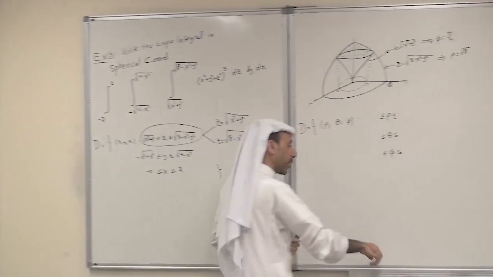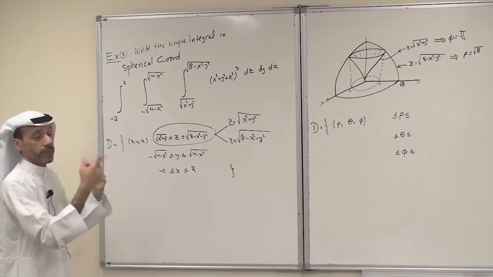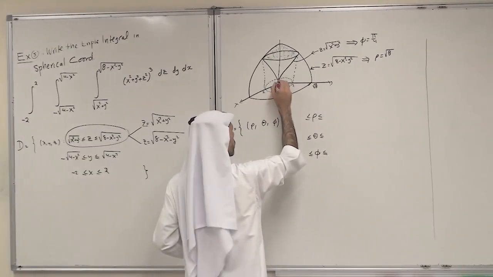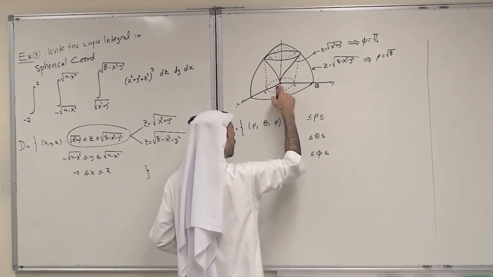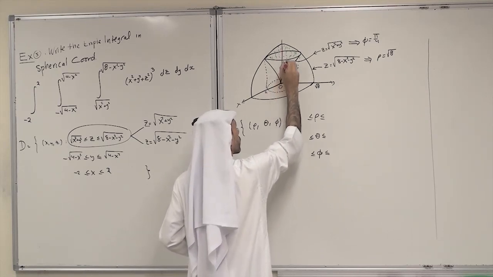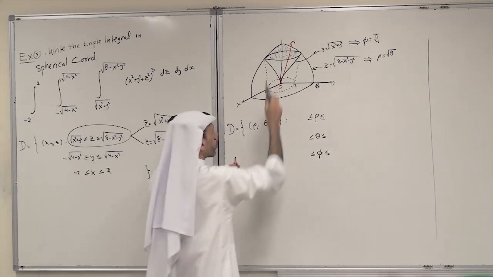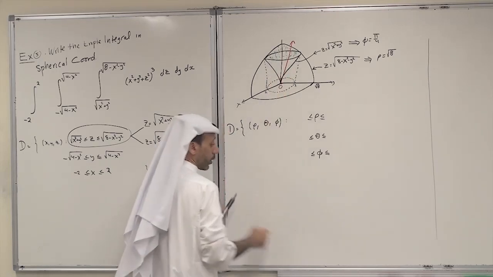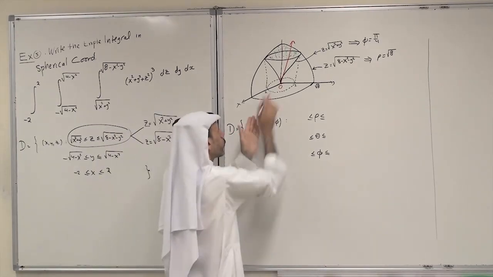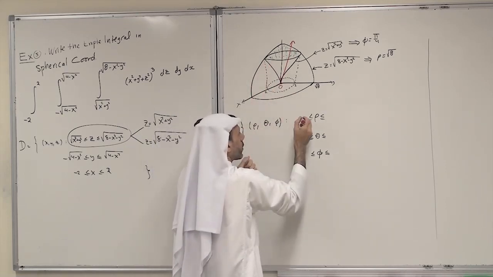For rho, we take a ray from the origin and enter the solid. Where we enter the solid is the lower limit, and where we leave is the upper limit. So take the origin here. The solid is inside the cone, so I go inside the cone. Everything inside the cone is part of the solid. The lower limit will be 0, because the origin is part of the solid.